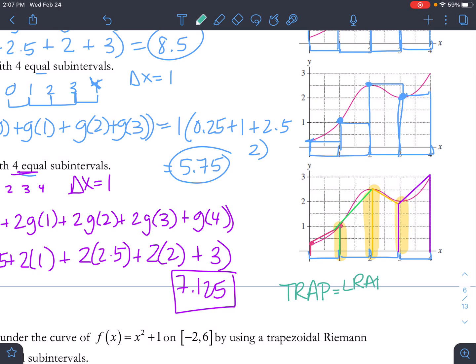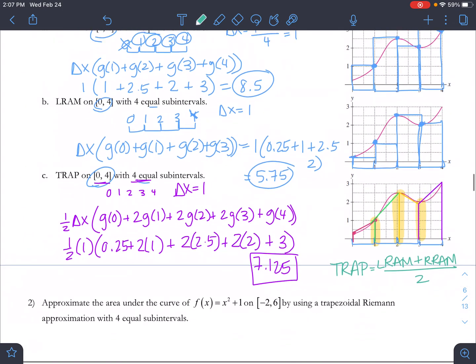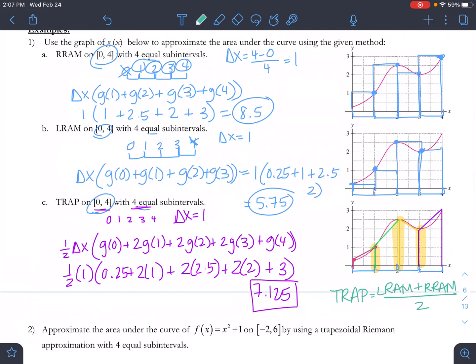So whatever you get for LRAM plus whatever you get for RRAM, if you divide it by 2, you get whatever you're going to get for trapezoids. So that's exactly what just happened right here. So 8.5 plus 5.75 divided by 2, you end up with 7.125. So good little trick to know there, and a way to check your answer as well if you're doing the exact same intervals with delta x over the exact same a to b.